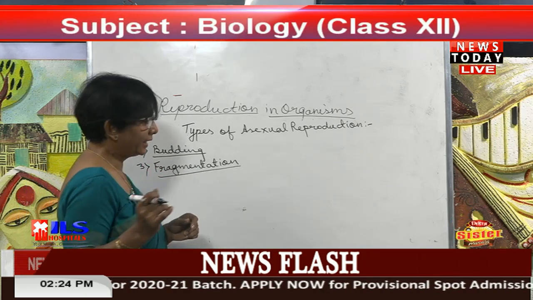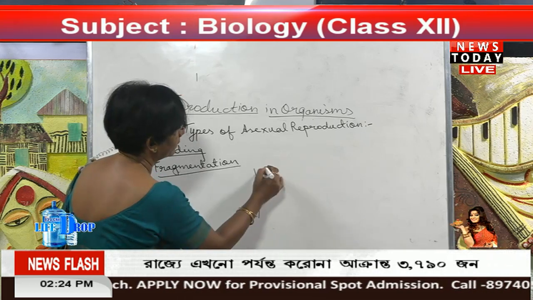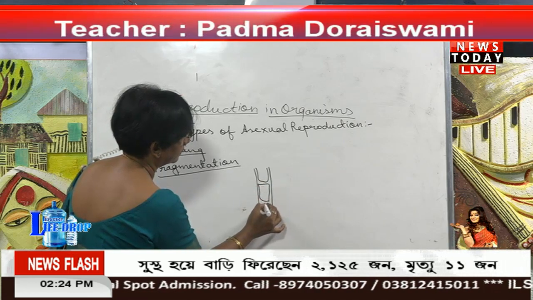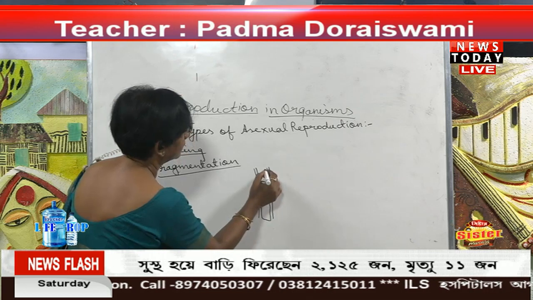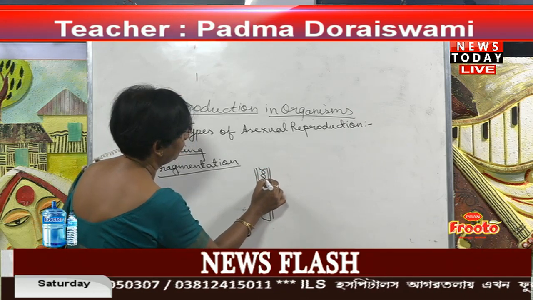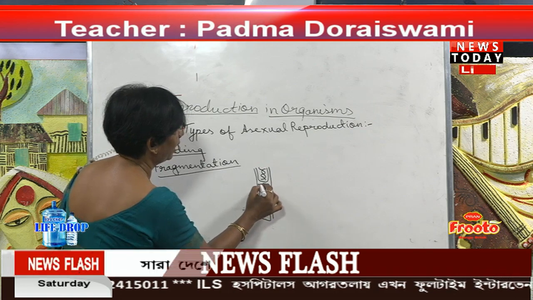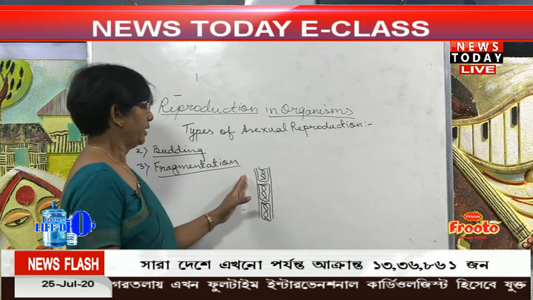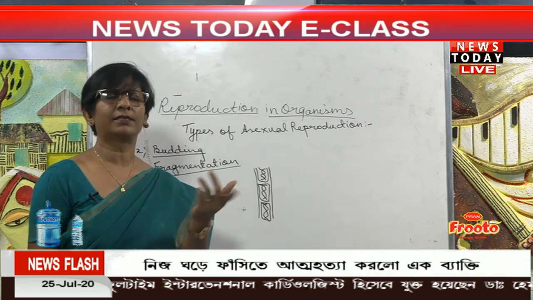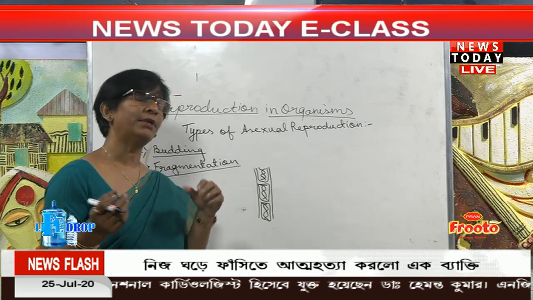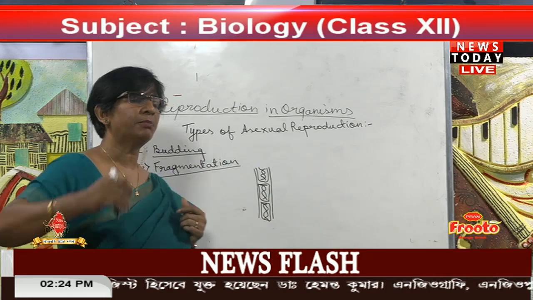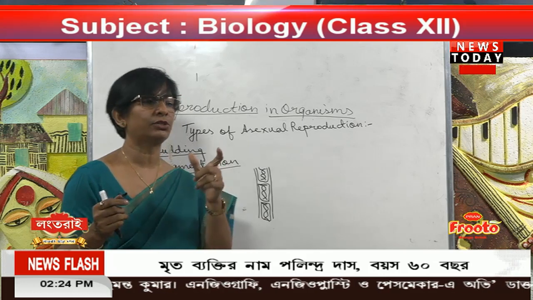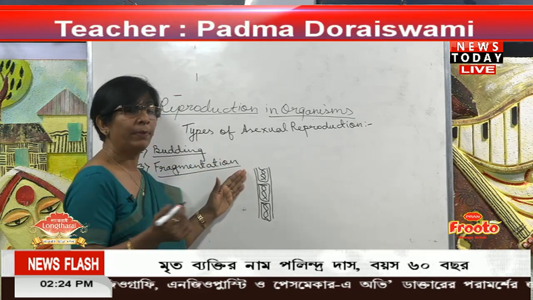If you take the example of Spirogyra, roughly I am drawing that Spirogyra. You have all seen in your books how Spirogyra looks. For example, we go to a pond where Spirogyra is present, and we splash some stick or throw a stone. At that time they break down.